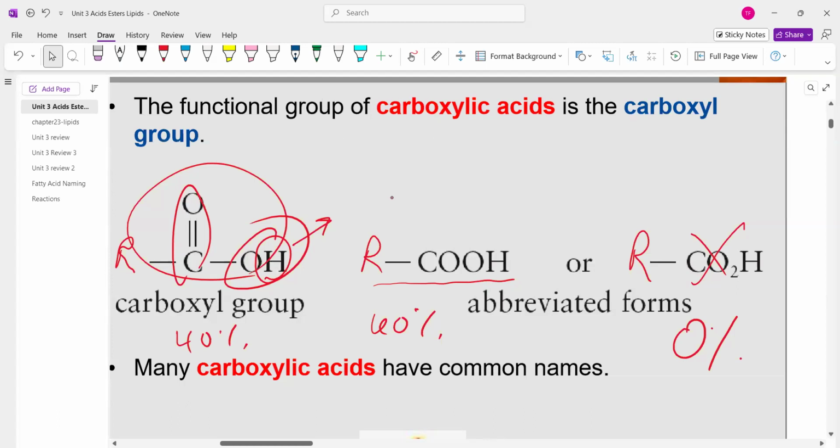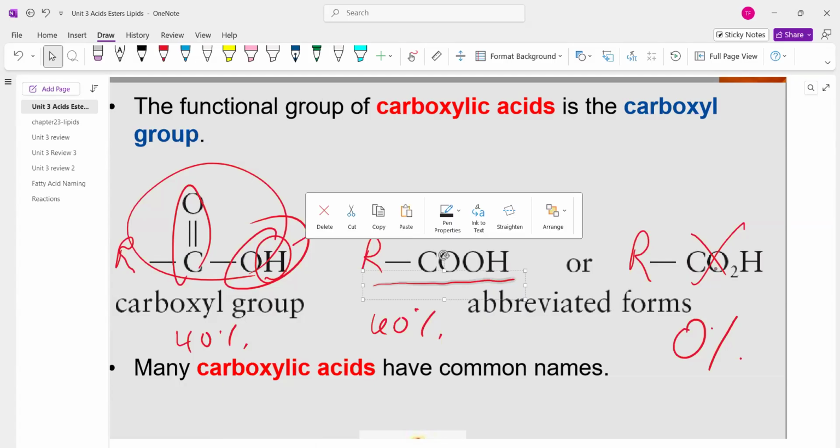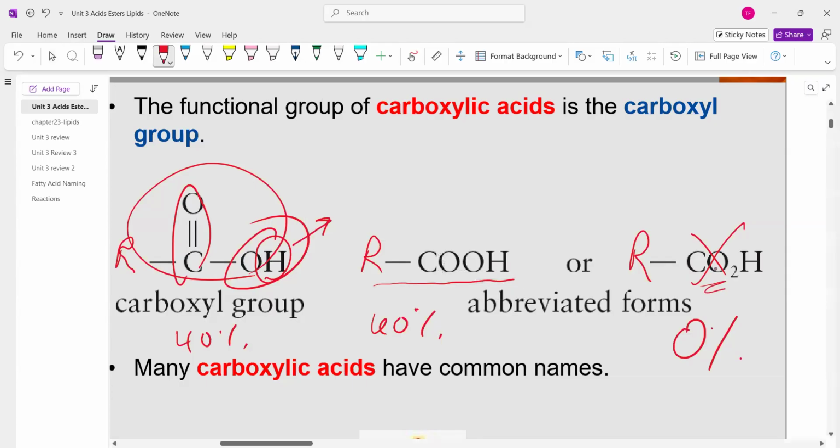So these are the different ways of writing carboxylic acid. Normally we don't write it like this. This is the preferred way, or this way. If we do it in a line drawing, it's going to look something like that.